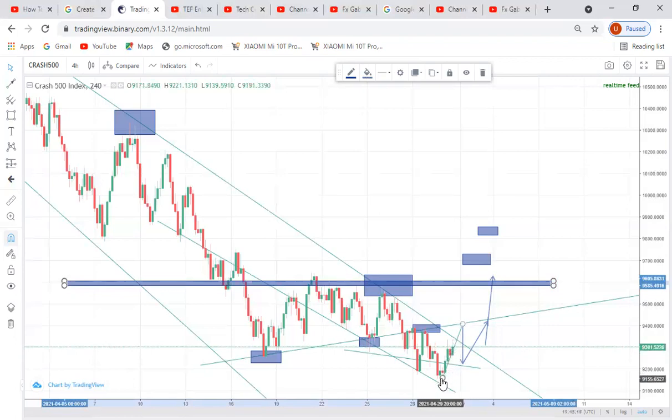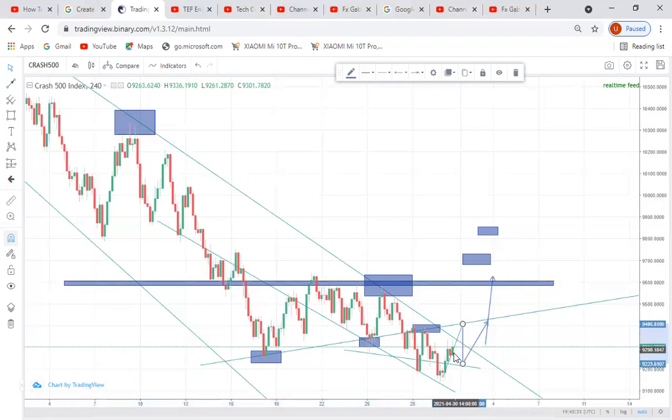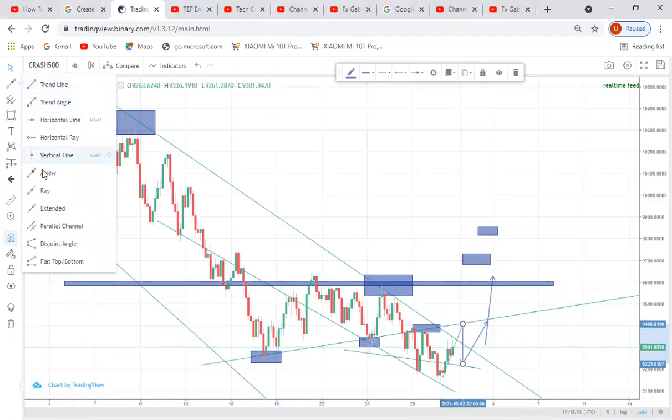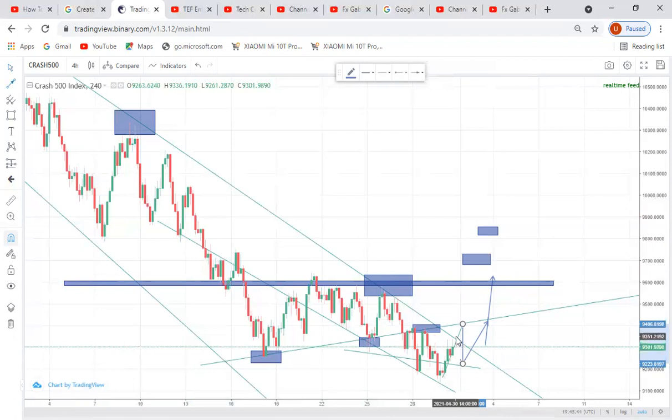But now, since we had a buy from the daily candle, not just from the hourly or 4-hour candle, we're expecting price to either break out of here and retest downward, or price to come here and do the same thing. Two things we're expecting, and we'll be watching for price to come also to this point.